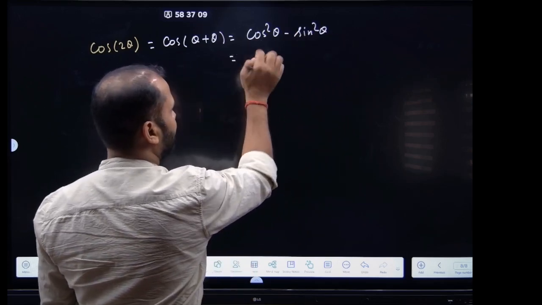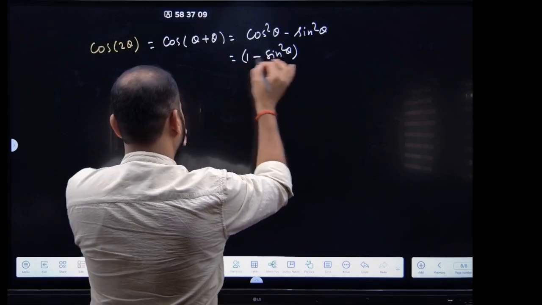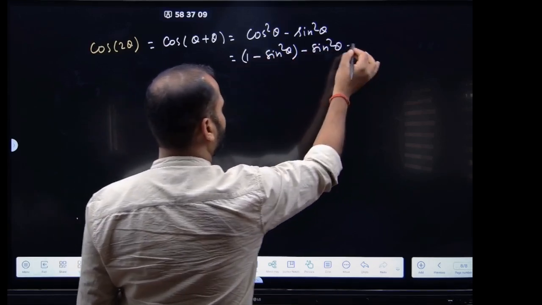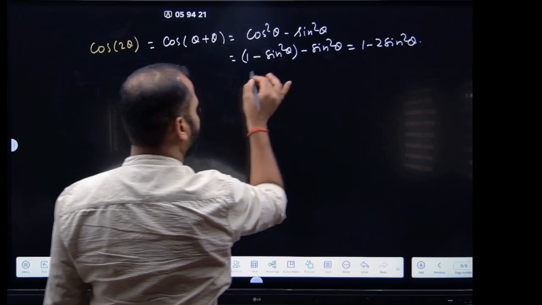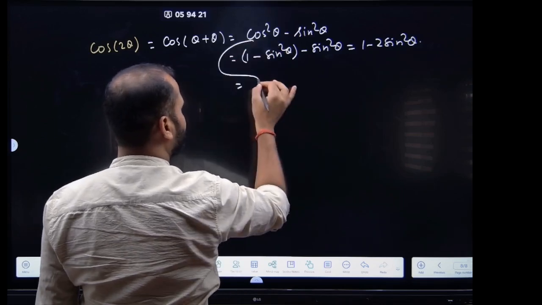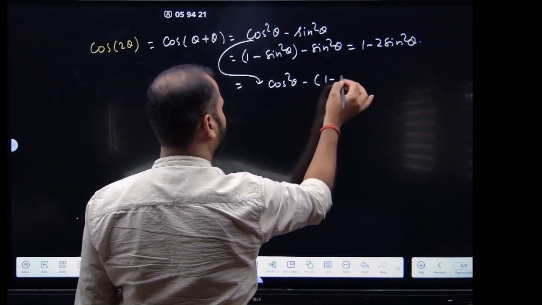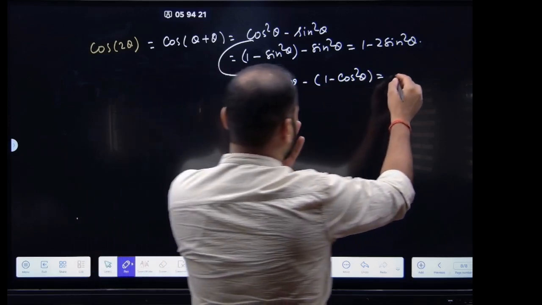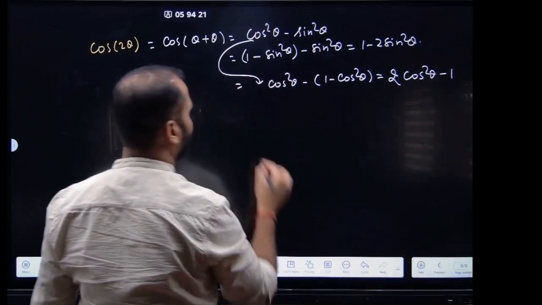If I want to convert it in terms of only sine, you can write cos square theta as 1 minus sin square theta, minus sin square theta. So from here I can write 1 minus 2 sin square theta. If I want, I can convert this in terms of only cos. Let sin square theta be 1 minus cos square theta. How much will you get? Minus minus plus, so it is 2 cos square theta minus 1, right?